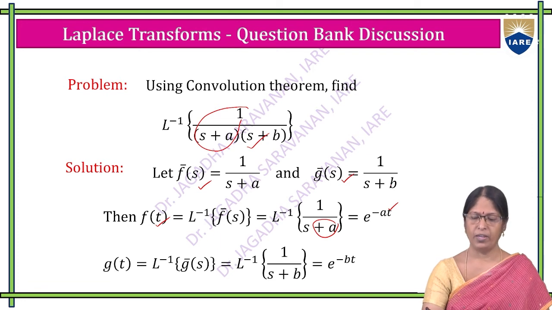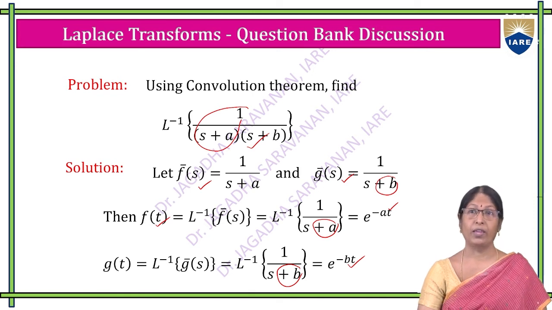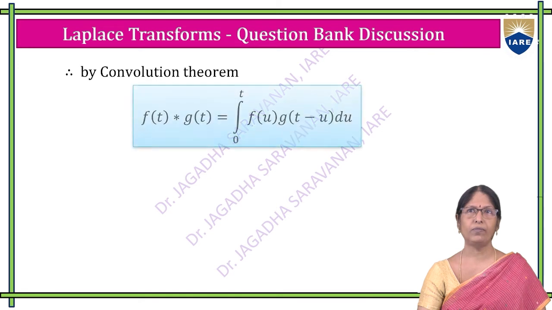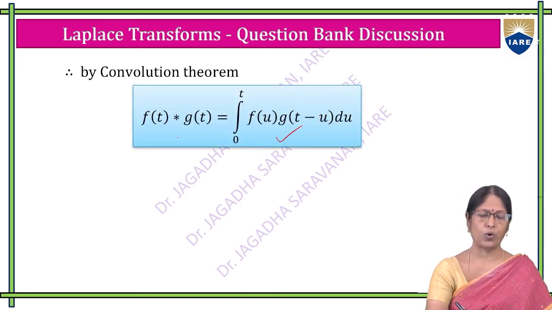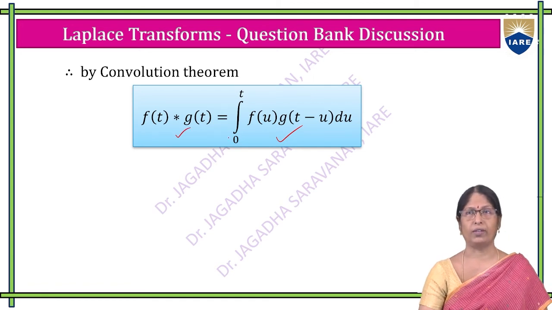The same here, plus b is there, so we can notice e power minus bt. F of t we obtained, g of t we obtained. So the convolution formula, the product of f of t and g of t, is equal to integral 0 to t f of u g of t minus u du.